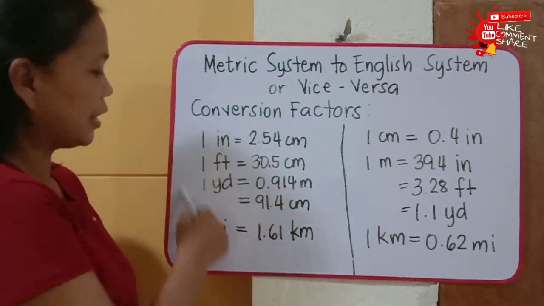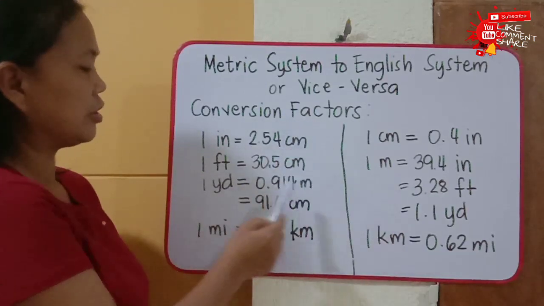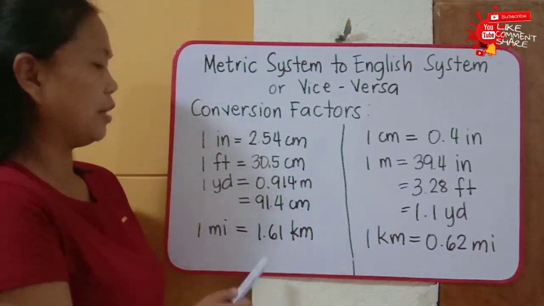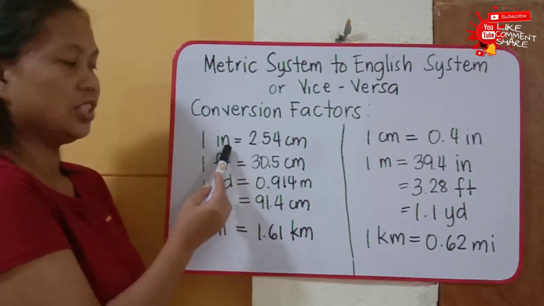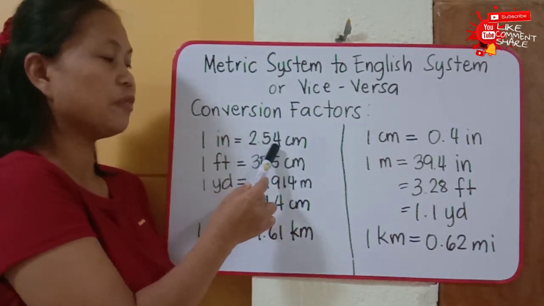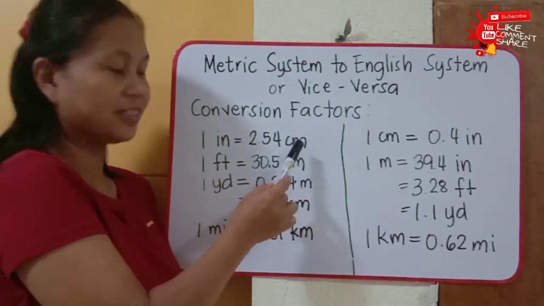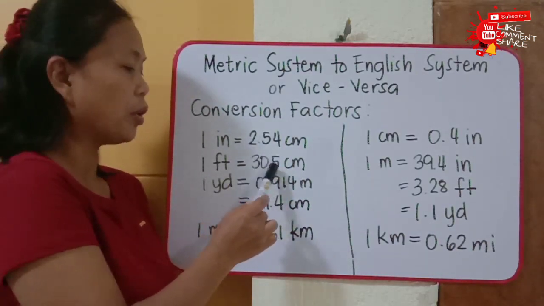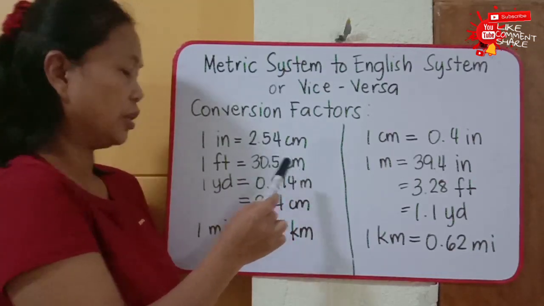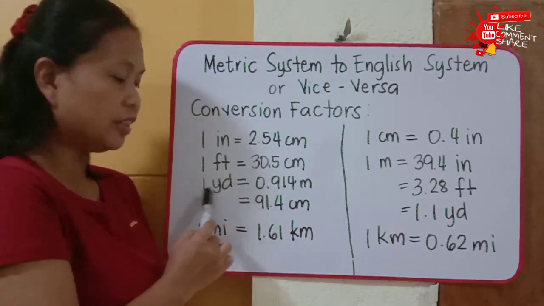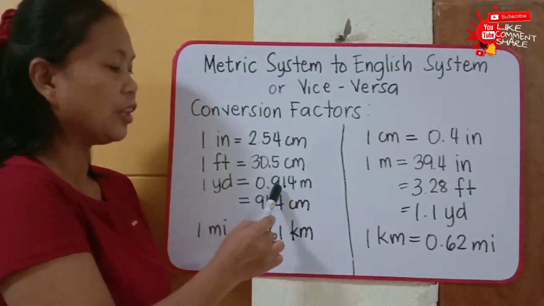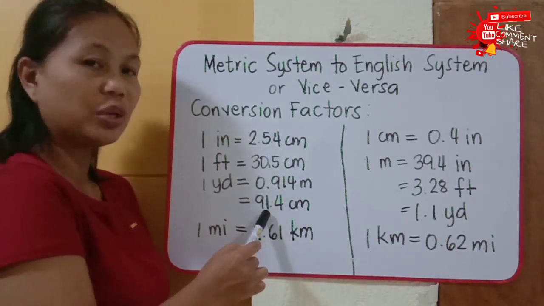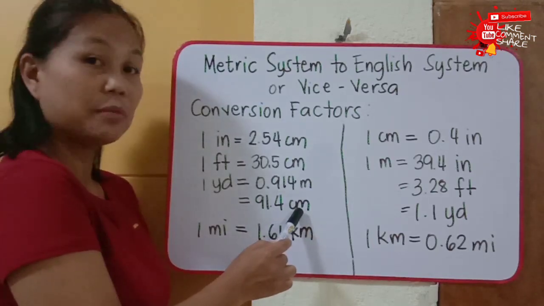First, from English system to metric system: 1 inch is equal to 2.54 centimeters. 1 foot is equal to 30.5 centimeters. Then 1 yard is equal to 0.914 meter, or it is also equal to 91.4 centimeters.